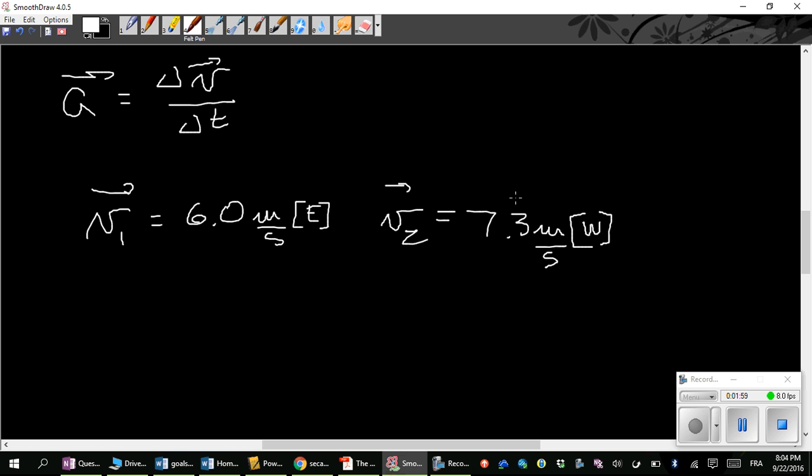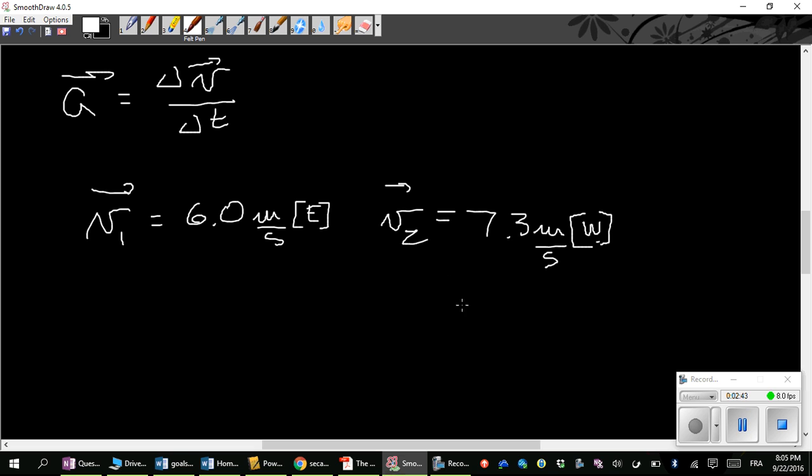The book mentions earlier in the pages, I just remember from when I read it over, when you're going to compare vectors in opposite directions like this, you're just going to need to convert one of them to the other direction. And it actually doesn't matter which one you pick, both will work. So I'll take east as my ultimate answer, so I'll convert this one to east. And it's really straightforward.